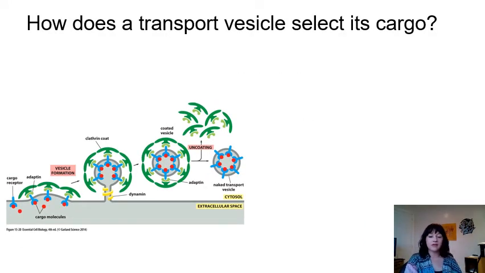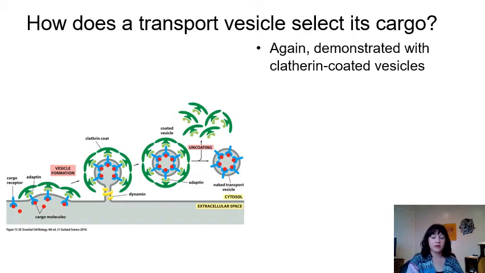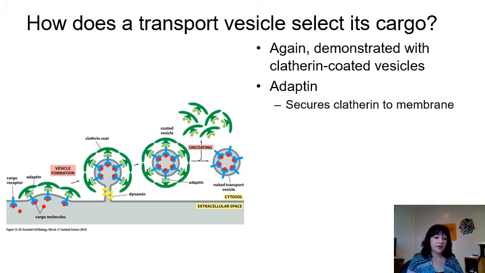Again, how does this vesicle select its cargo? The clathrin is essential for this. The clathrin binds first to adaptin, and that helps to mediate the interaction between the clathrin and a very specific cargo receptor. So say we are making a vesicle of a neurotransmitter, right? So say serotonin, all right? So there is a specific serotonin cargo receptor.